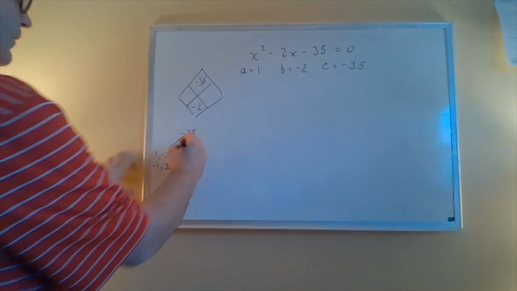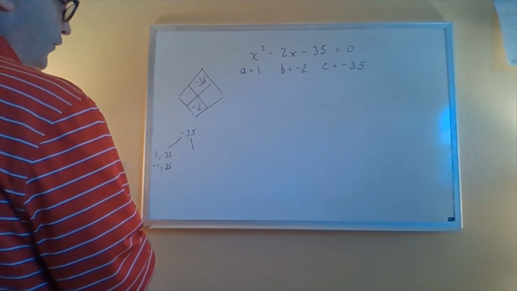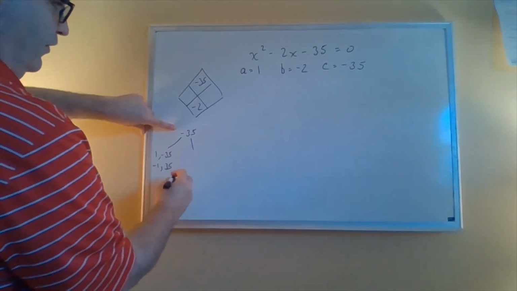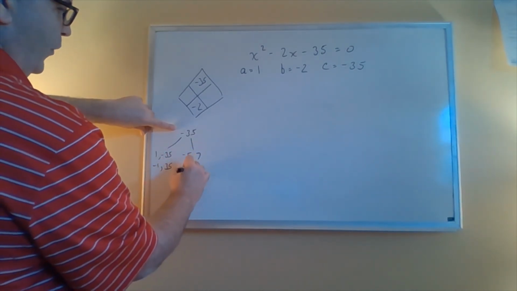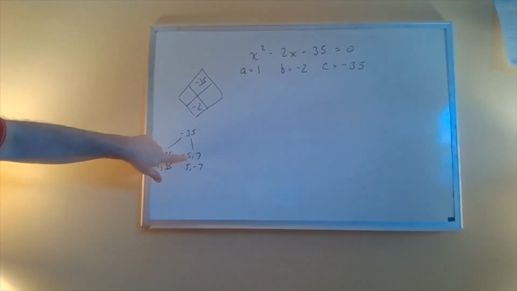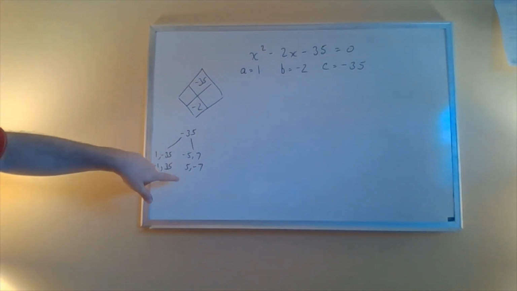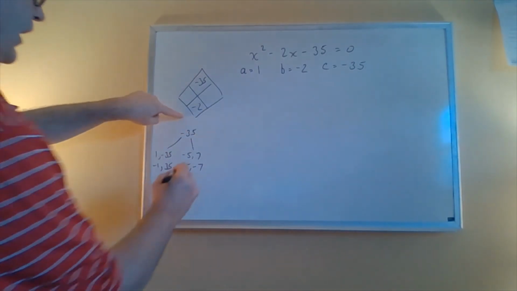So we're not there yet. 2 doesn't go into 35, neither does 3, neither does 4. 5 does. 5 goes into negative 35, so we'll have negative 5 times 7, or a positive 5 times negative 7. If we add negative 5 to 7, we get a positive 2. We're not there yet. But if we add 5 to negative 7, there we go. That gives us our negative 2.